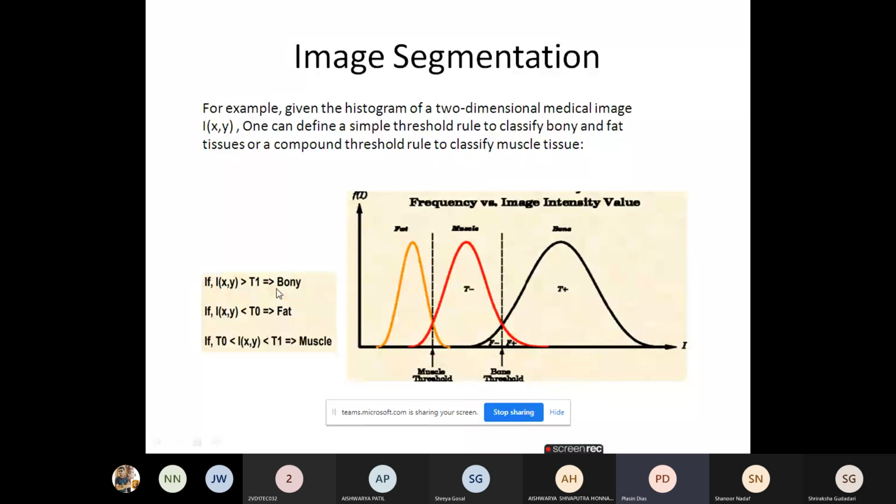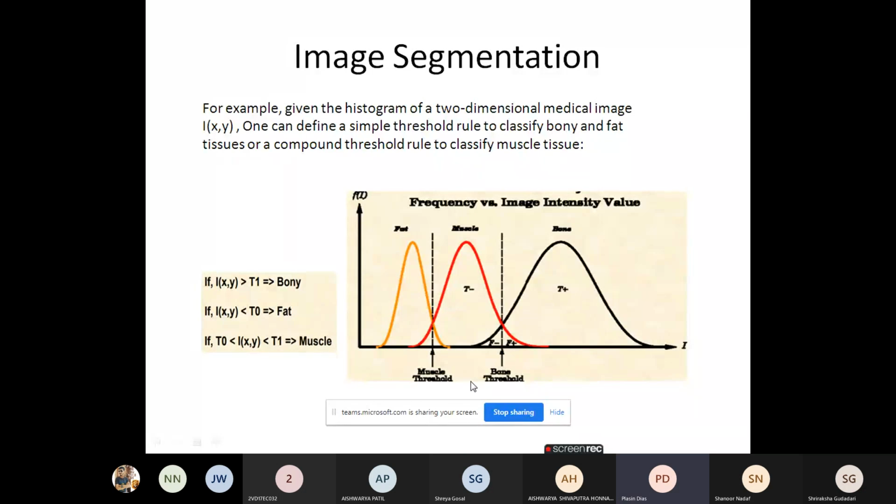You have to decide whether it is bone, fat or muscle. So what is the range we are considering here? If I of x comma y is less than t0, we consider it as fat, and greater than t1, we consider it as bony. If it lies between these two threshold values, then we consider it as muscle.